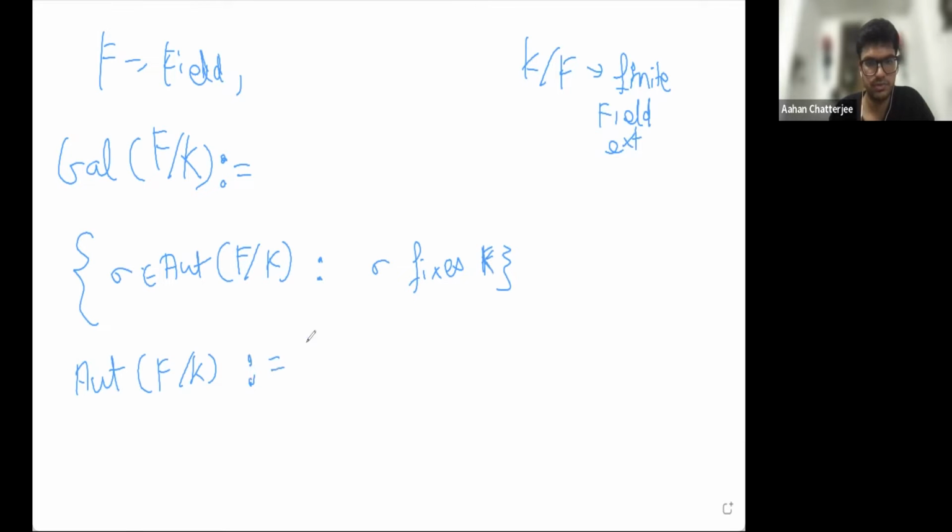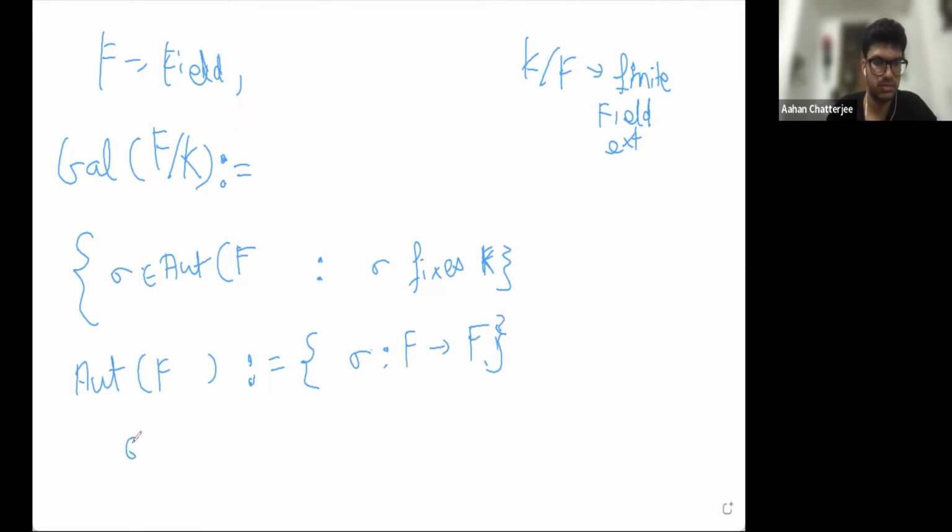And the way you define automorphisms is basically, the automorphisms are just field homomorphisms, so basically maps K to K, and these are injective field homomorphisms.